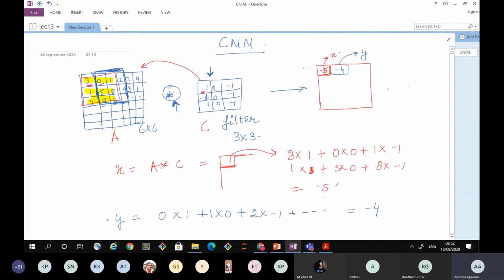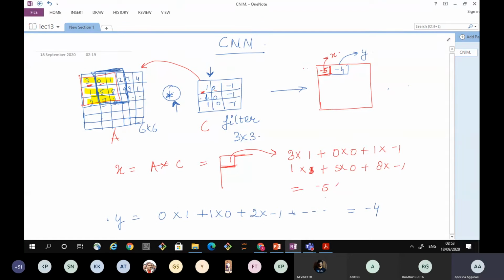Okay. So this way we proceed. Ultimately, if I'm moving this filter over this image, just imagine, for this portion I'm replacing all the 9 values with the middle value. If I'm calculating for this, I'm getting one value. So these 9 values are reduced to one value, right? If I'm putting the filter over here in the second row, I will get some value.